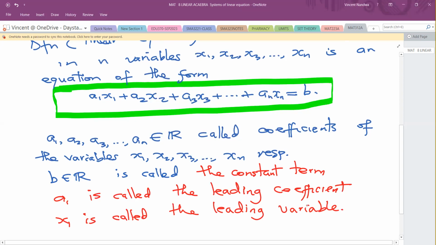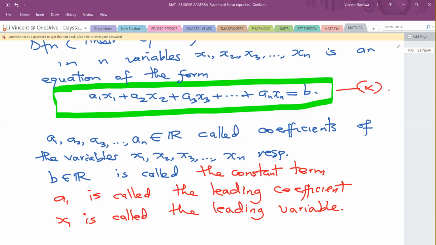So one key observation from this equation, if I call it equation alpha, is that all the variables involved in a linear equation are to power 1.